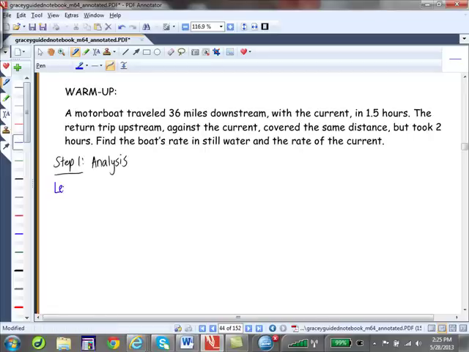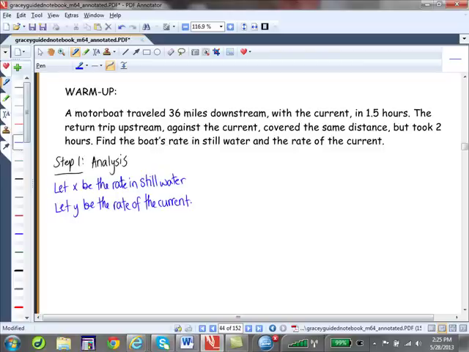Let x be the rate in still water, so that would be as if there were no current, and we'll let y be the rate of the current. It really helps to officially name the variables because otherwise things can get very confusing.